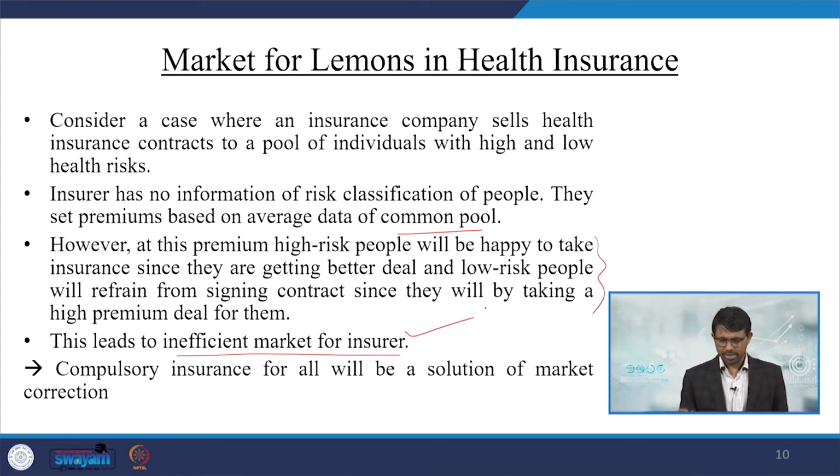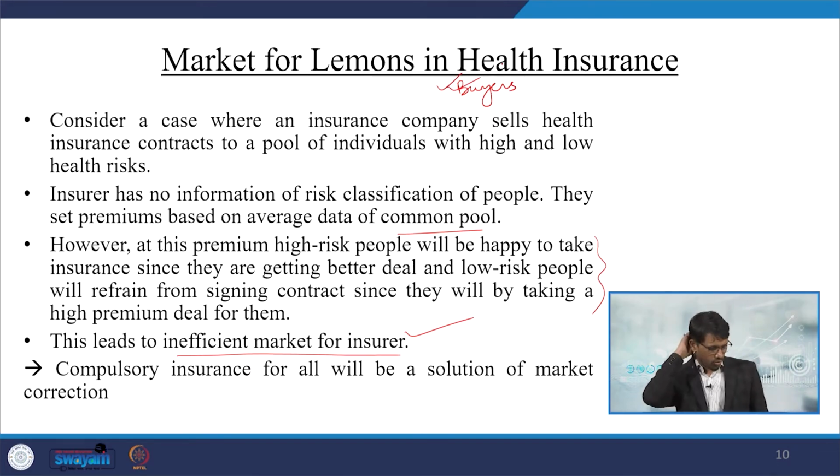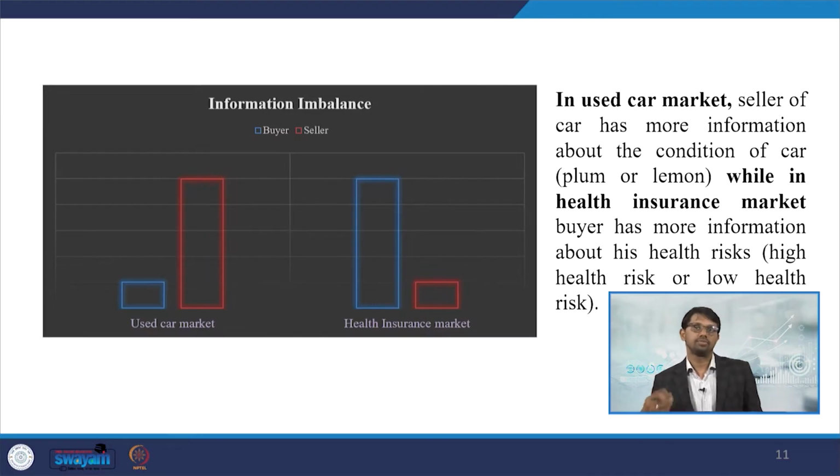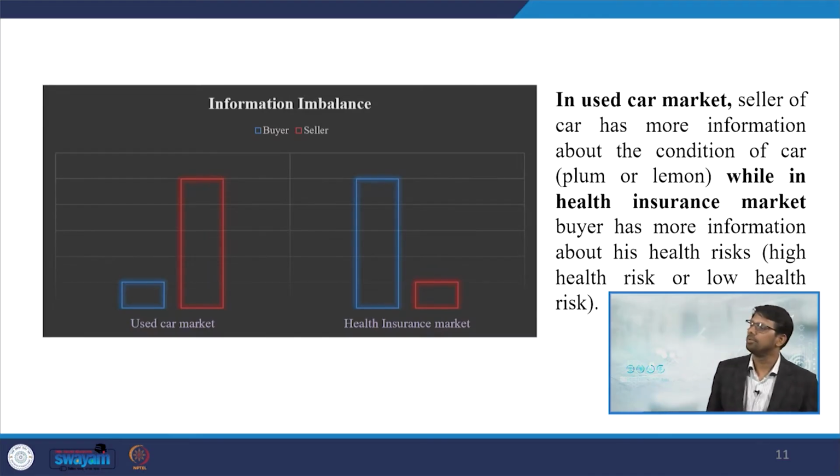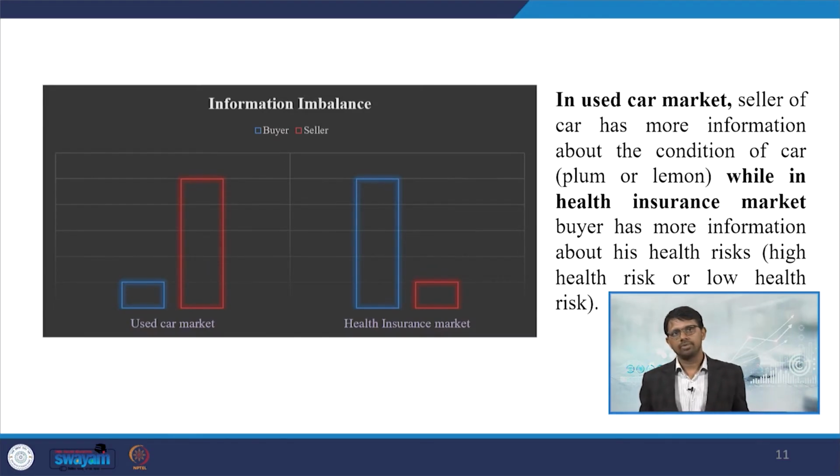I think this case we have discussed even in the previous one, for the car market. One difference is that in this case we are emphasizing the buyers, whereas in the previous case, we emphasized the sellers. In both cases, there are market failure aspects. Compulsory insurance for all will be a solution for market correction, but it is a very costly affair as well, and it will work if public policy is active enough.